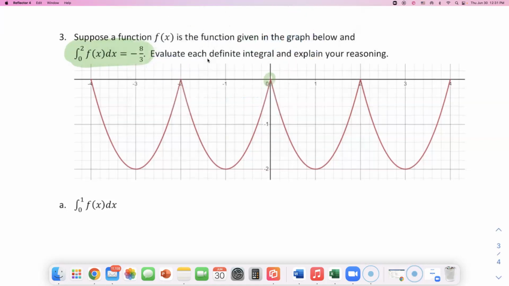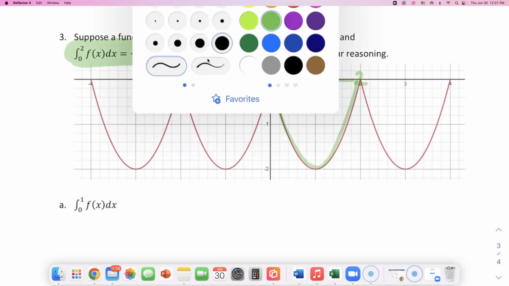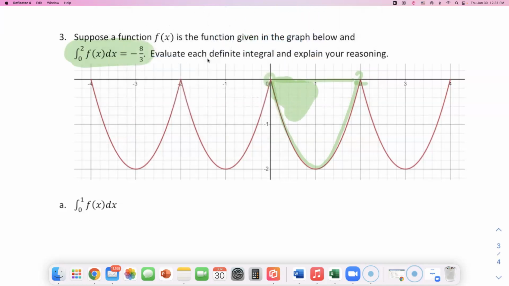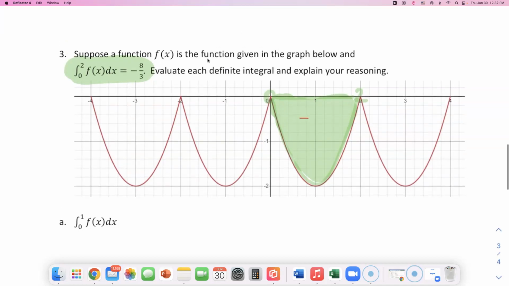That's 0 right there, and that's 2 right there, right? So from 0 to 2, the area that is bounded by this graph and the x-axis, you know this is a negative area because it's below the x-axis. But what they are saying is that this green area is negative 8 over 3.